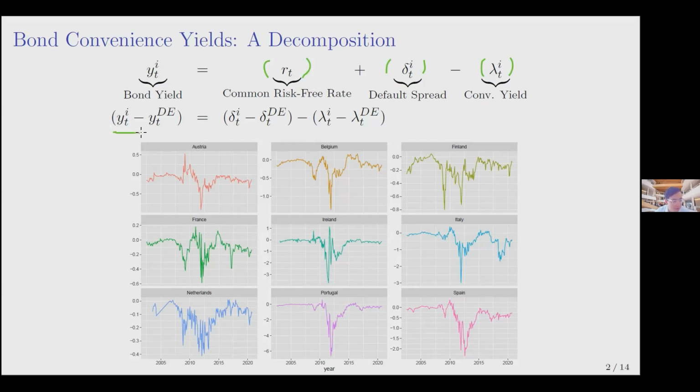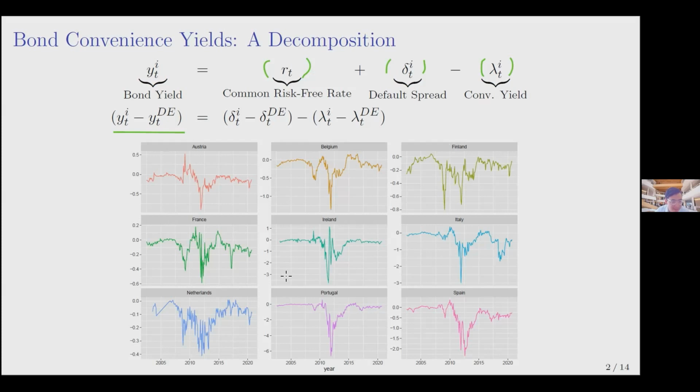So we can express the difference between two countries' yield into the difference of the two countries' default spread minus the difference in the two countries' convenience yield. Because we can observe the yield and the default spread from the CDS data, we can plot the time series of the difference between two countries' convenience yields. These are given in the following figures.